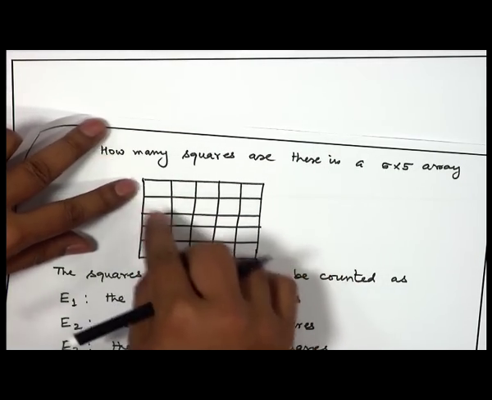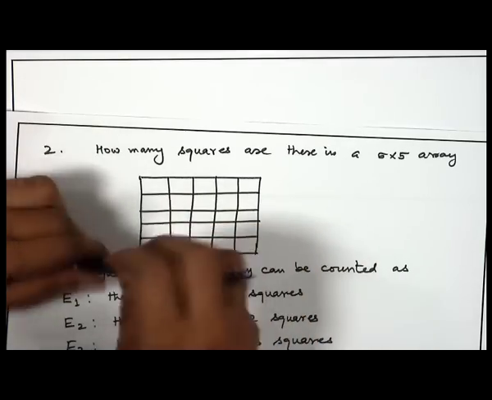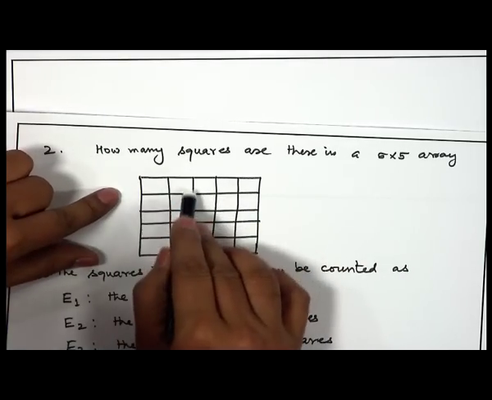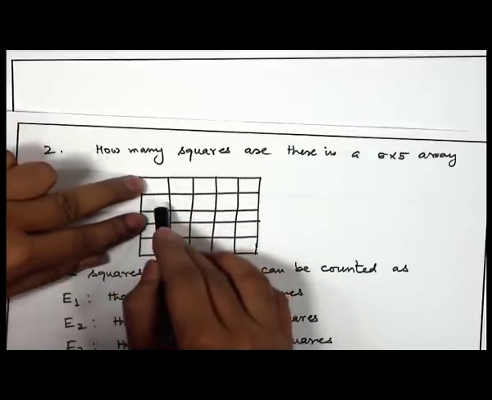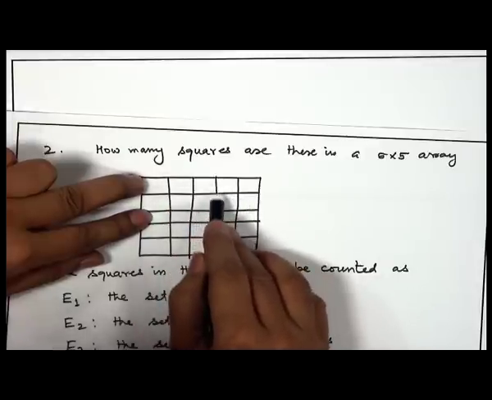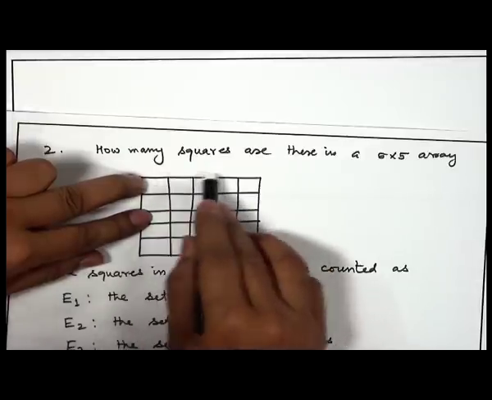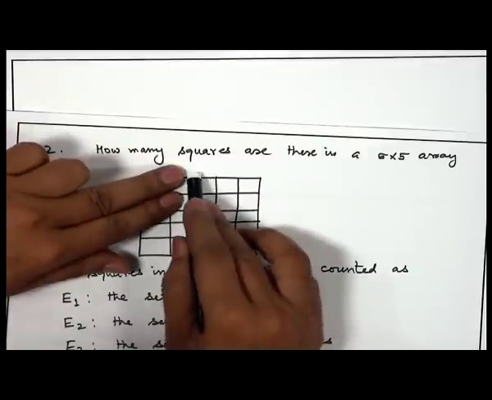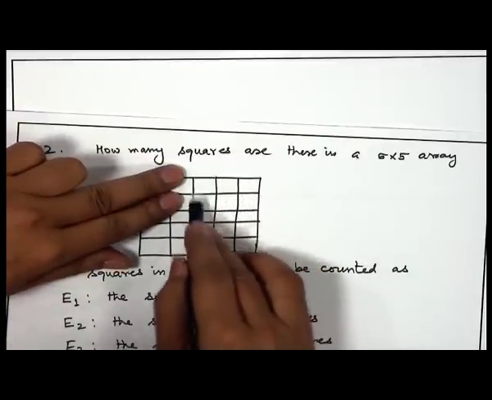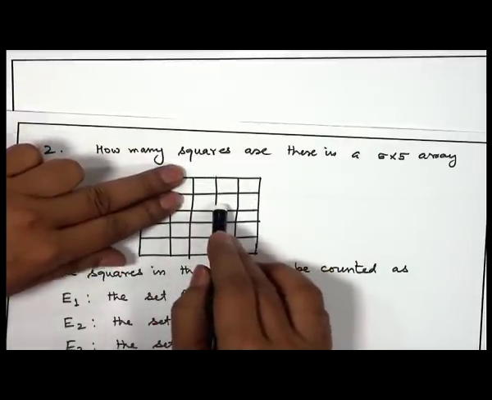So, if you look at the method of counting here, let us see, we can consider this as a 2 by 2 square, and then if I leave the first column and I move to the next one, then I have another 2 by 2 here. Similarly, if I leave the first two and go to the third and fourth, then again this is a 2 by 2.